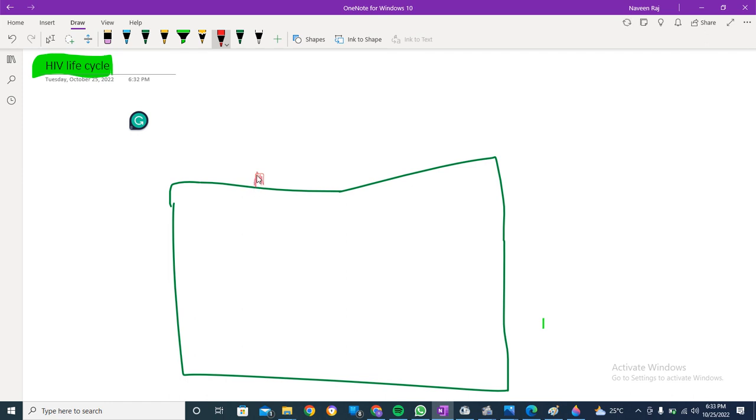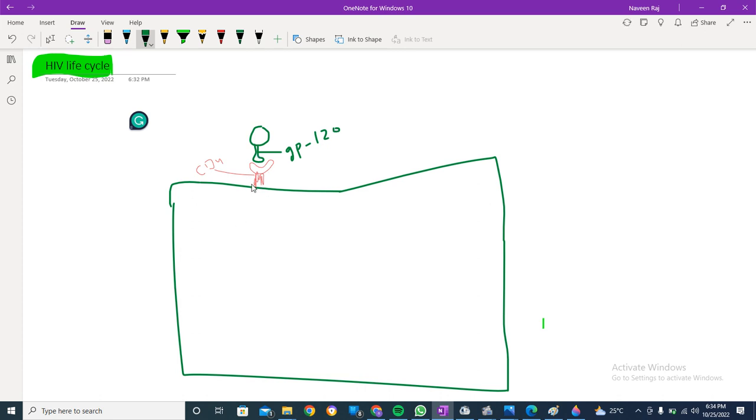This is the CD4 protein on the surface of lymphocytes, and we have got the HIV virus, which has this sort of structure, and this is the GP120 protein, glycoprotein 120. This is the place where the attachment takes place. These both work as a lock and key, and attachment takes place.